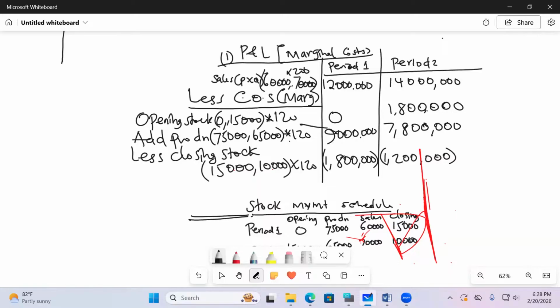You subtract. So then come and combine these 3 elements, ladies and gentlemen, to give me the marginal cost of sales.